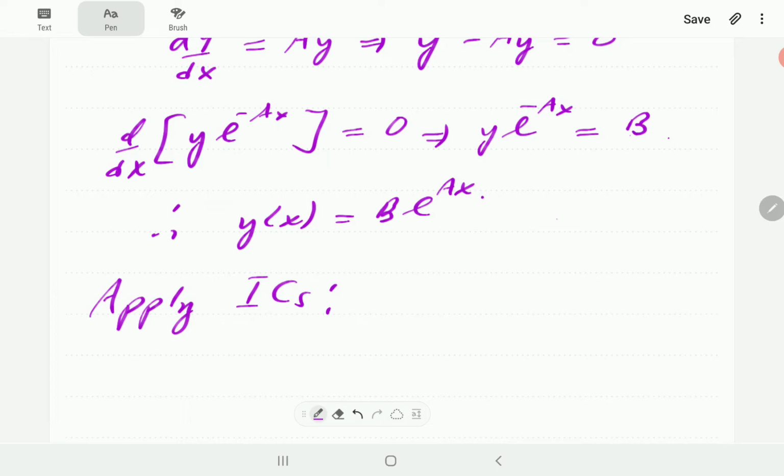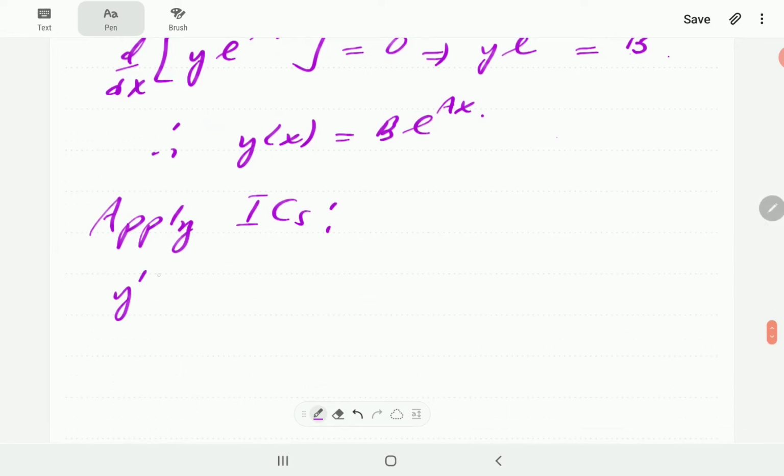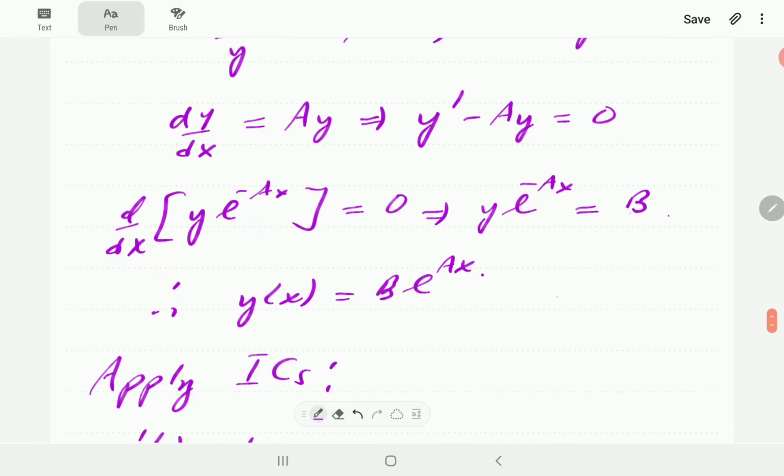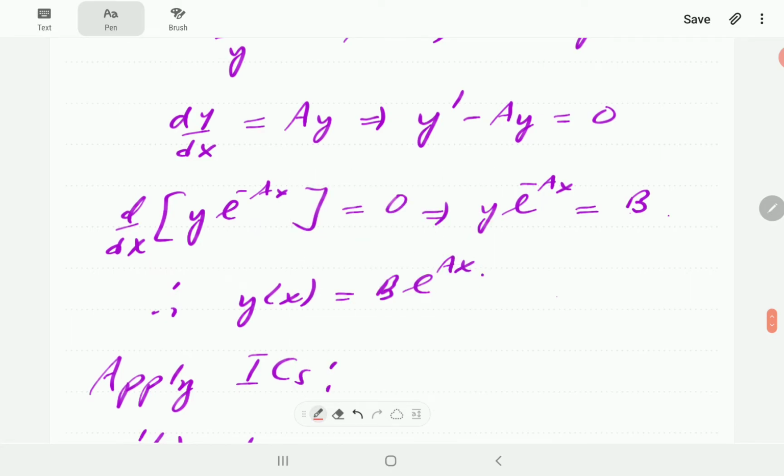The initial conditions are both specified at x equals 0. Let's start with the derivative. When x equals 0, the derivative is 1. So we can come and apply that 1 in the derivative equation here, for instance.